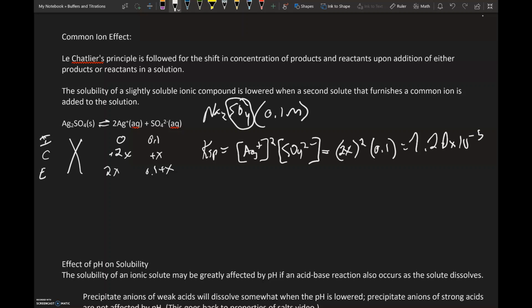That gives me 2x squared is equal to 1.2 times 10 to the negative 4. 2x squared is basically going to be 4x squared. And so we're going to divide by 4 and then take the square root of that.